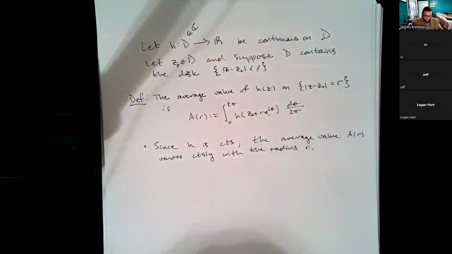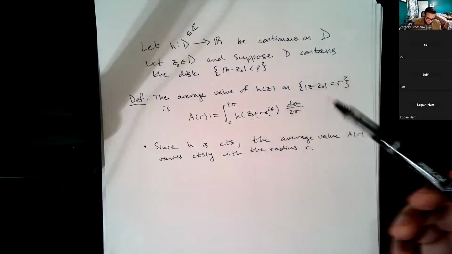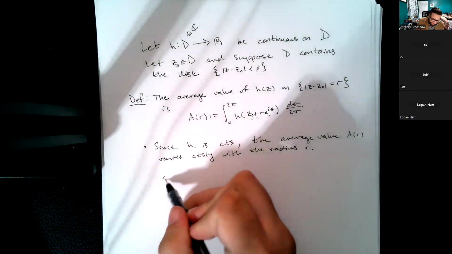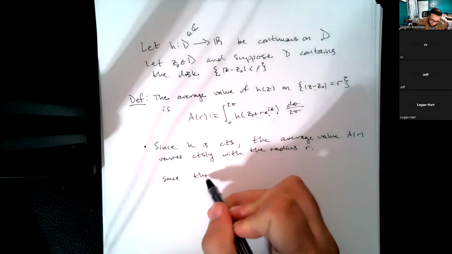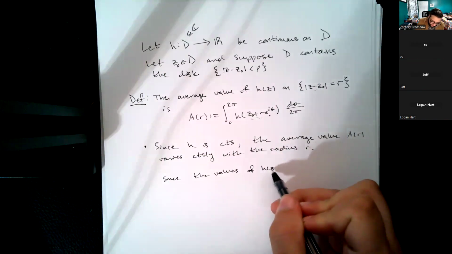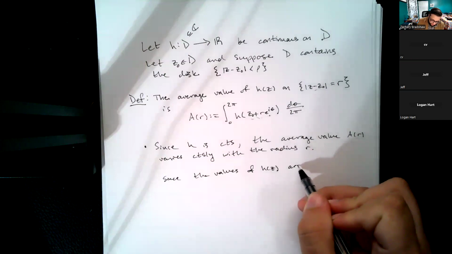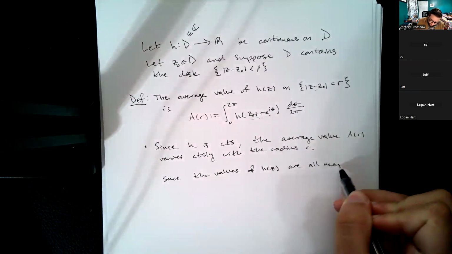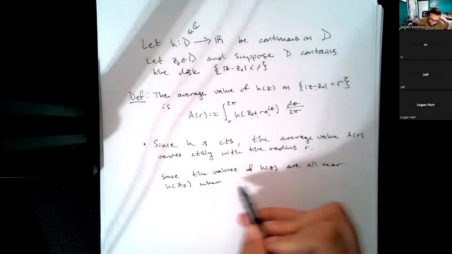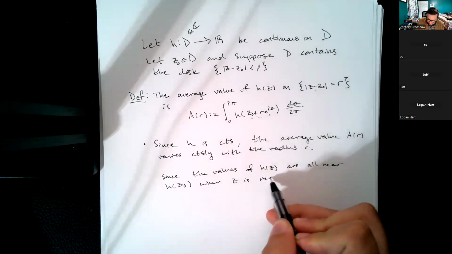Okay, now since the values of h of z are all near h of z0 when z is near z0.